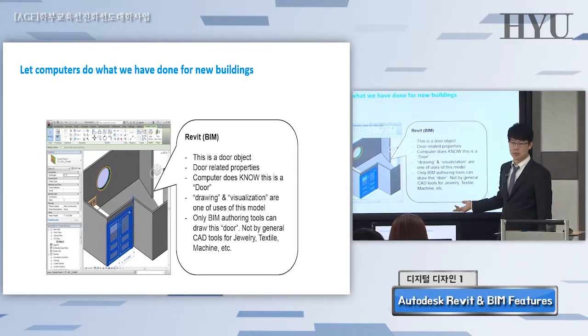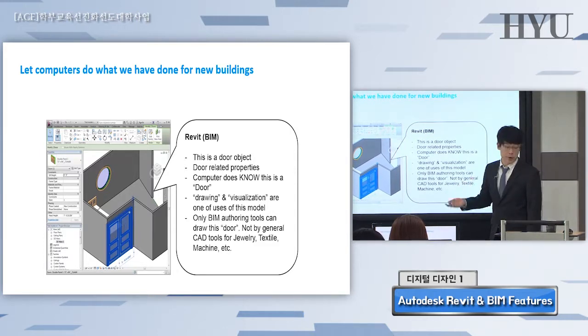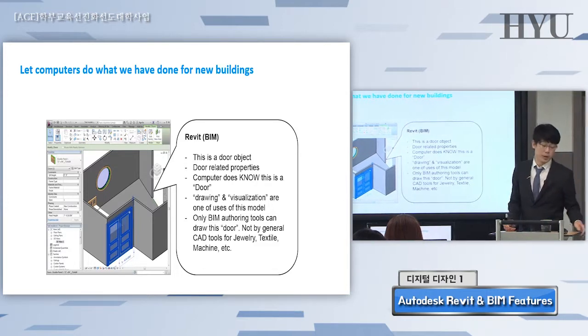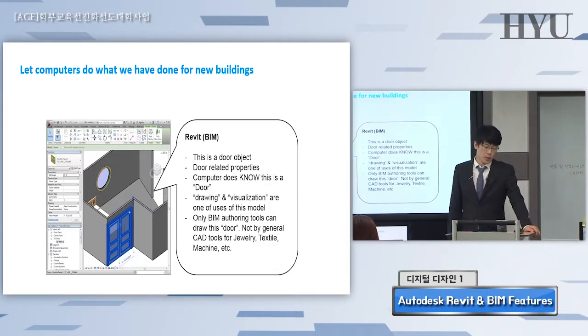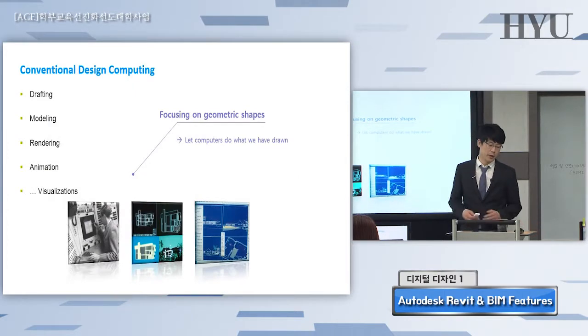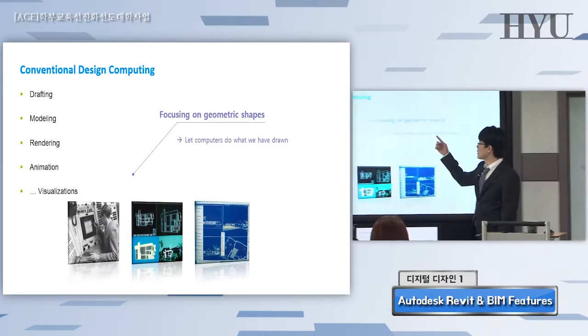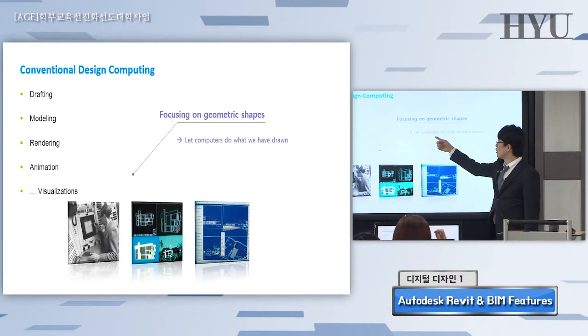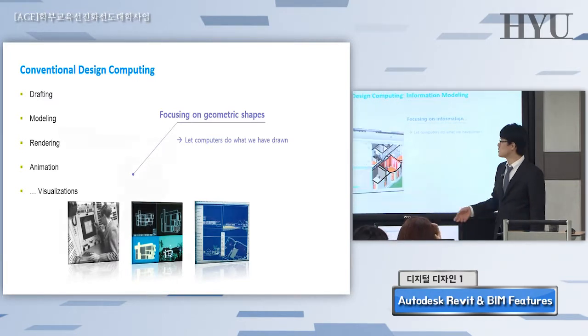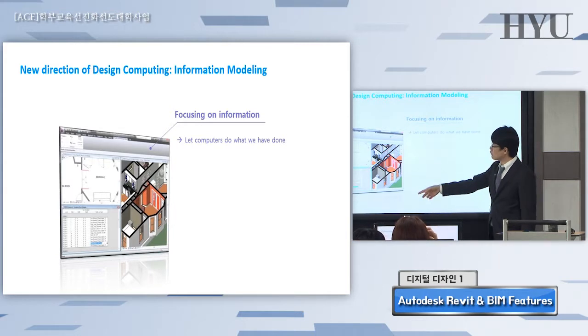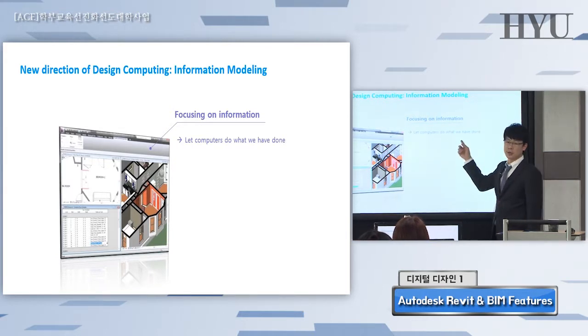Only for buildings, but very concentrated on building information. So we have to maximize the merits we can take advantage of, okay? The conventional approach focuses on geometry, letting computers do what we have drawn, just for drawings. But using Revit, what we have done is the entire process, okay?